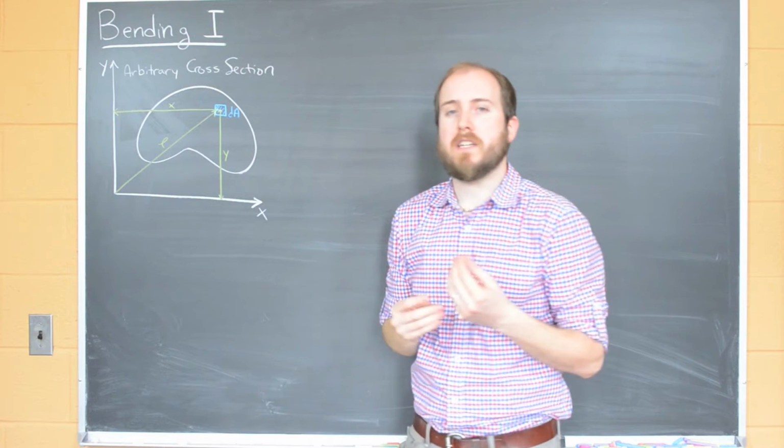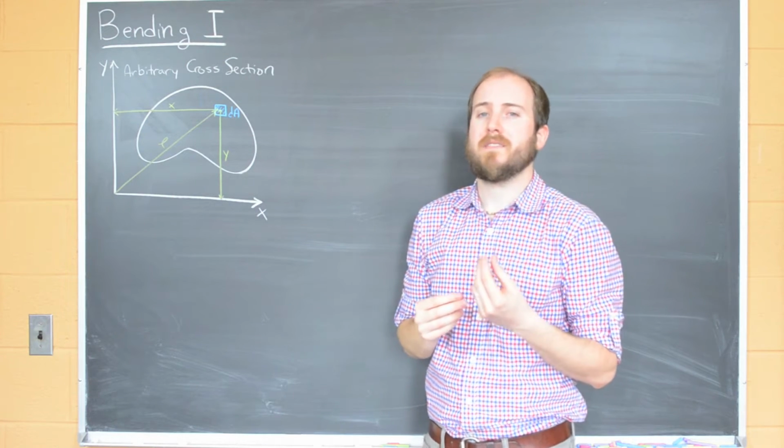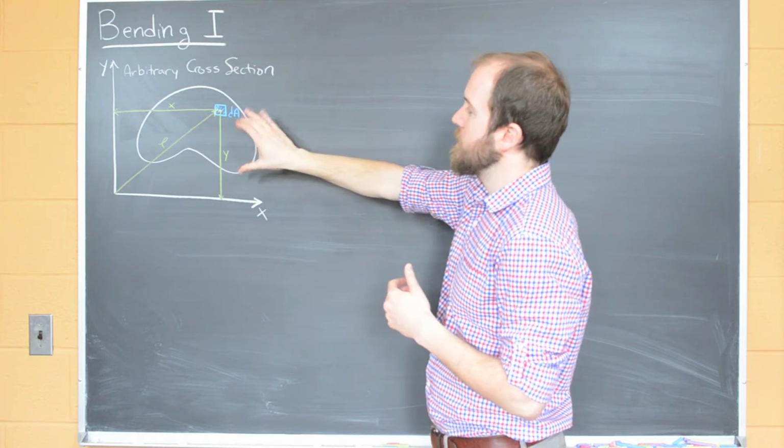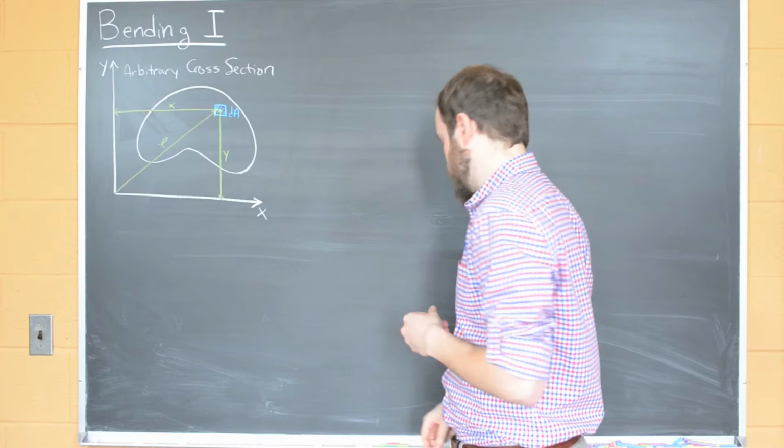And what we want to first calculate is what's known as the first moment of area. And that's the sum of the area here and the distance from that area to each axis.